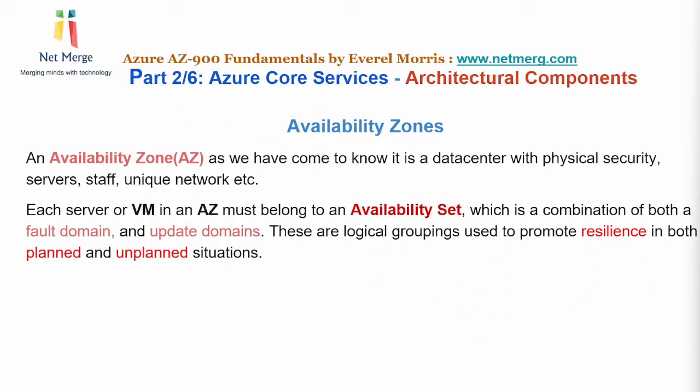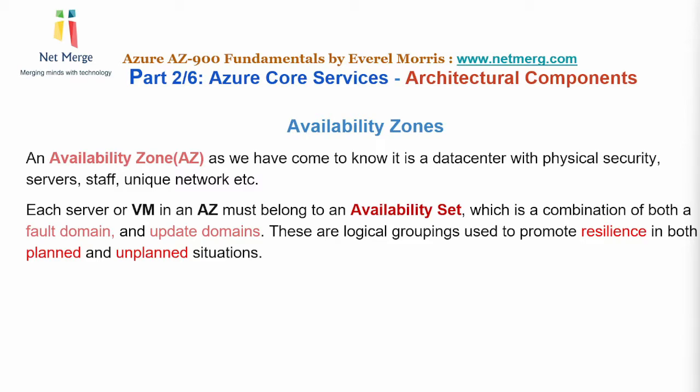Now, each server or virtual machine in an availability zone belongs to what is referred to as an availability set. As I explain availability sets, you'll get an understanding of how high availability and updates are done to make services current in Azure.